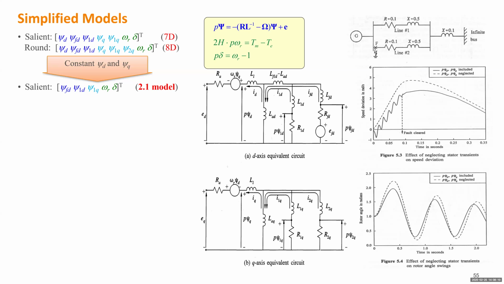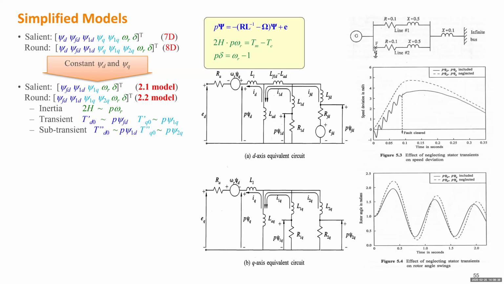If you see any differential equation using only those 5 state variables, 3 flux linkages and 2 from the swing equation, that is the so-called 2.1 model. 2 means you have 2 in the d axis and 1 in the q axis. And the 2 swing variables you cannot ignore, so those will be there anyway.